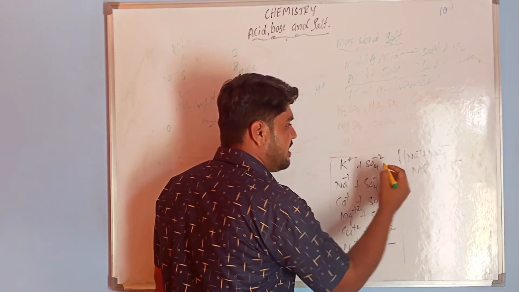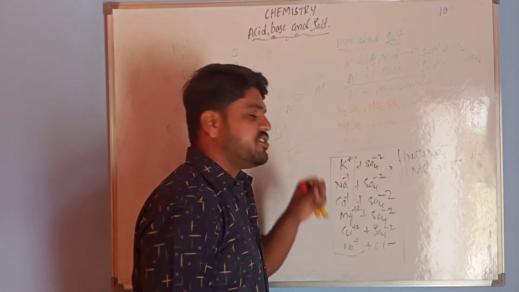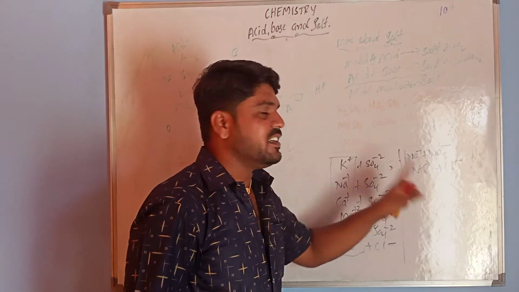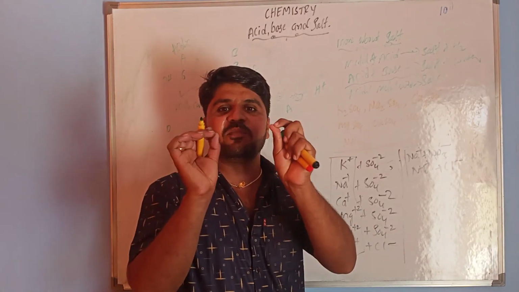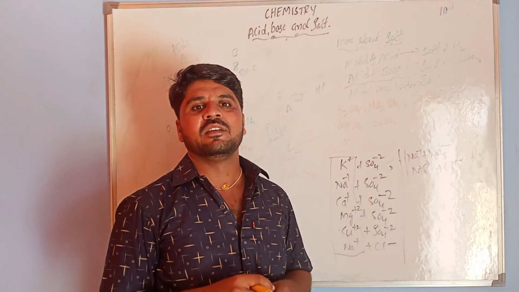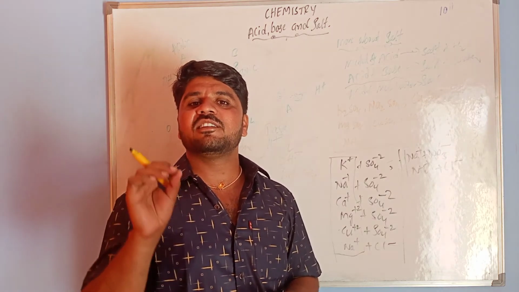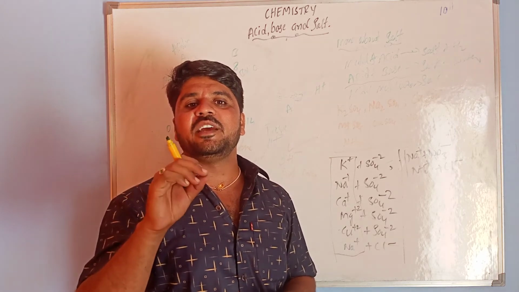Here the acid radical is sulfate and the basic radical is potassium. K plus, a positive charge, indicates a basic radical; a negative charge indicates an acid radical. This is very, very important. Please remember.